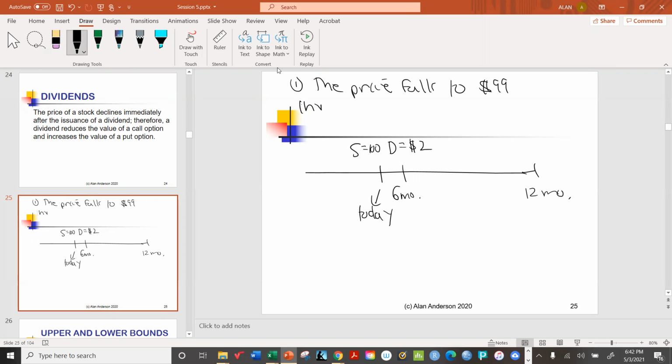Investors, let's see, short sell the stock.